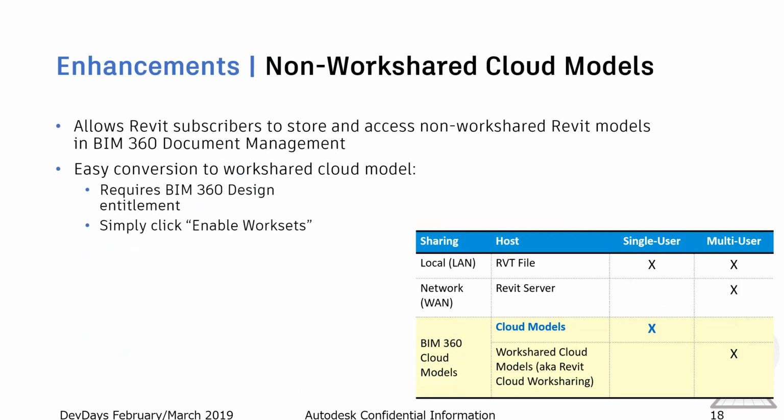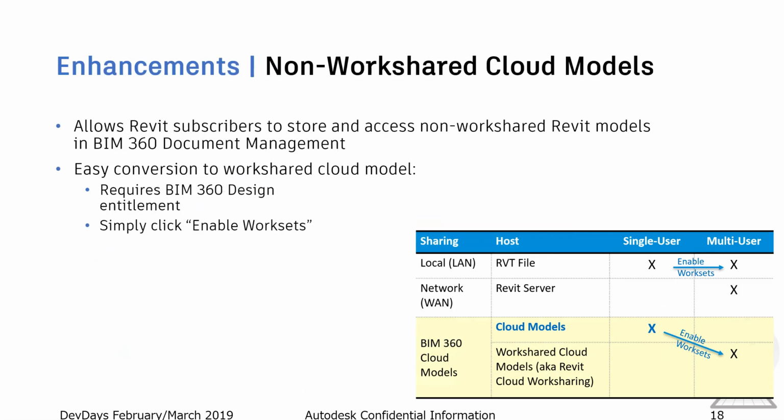And the reason that we wanted to do that is we really wanted to make sure that we were consistent about how cloud models and local models behaved. So in a local file, you had the ability to enable work sets that created a multi-user work shared file. Now we've introduced a non-work shared cloud model and a work shared cloud model, and you can have the same capability of enabling work sets between them.